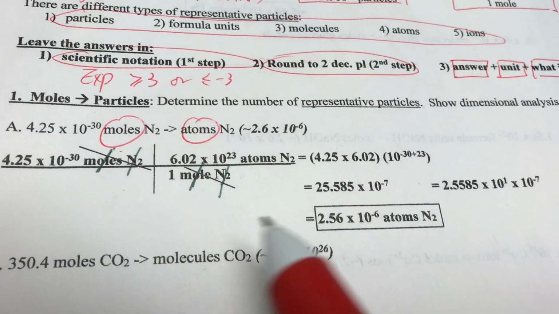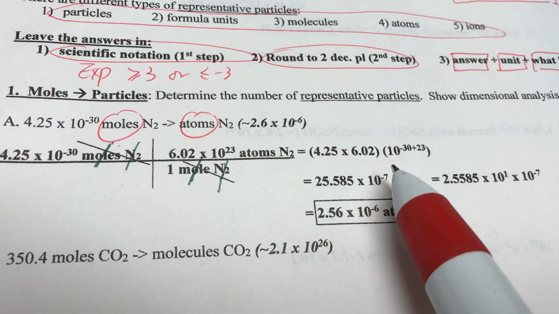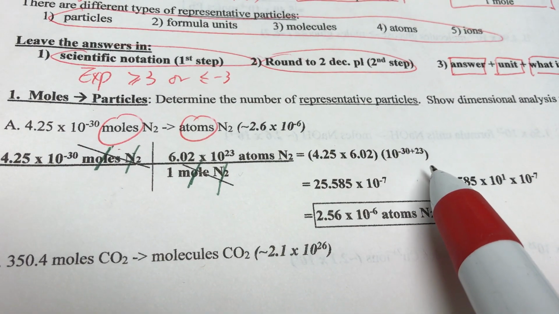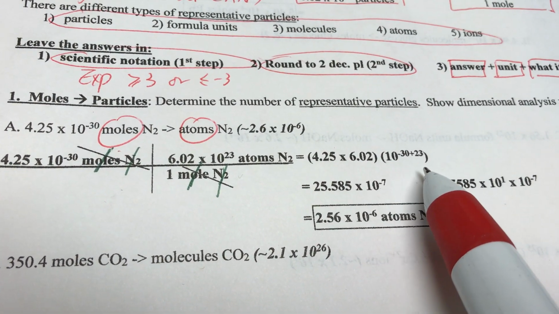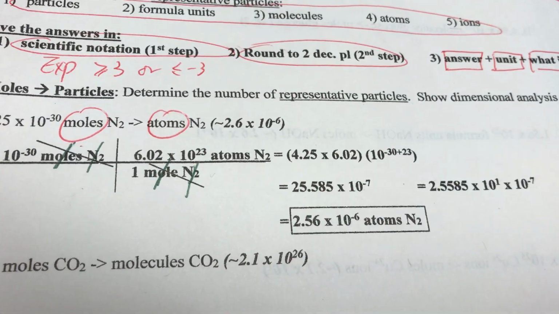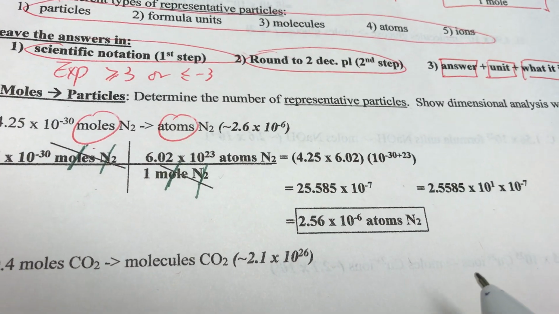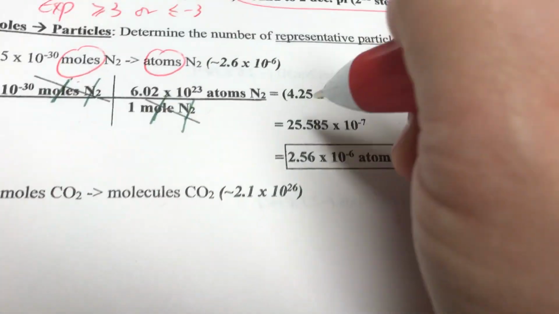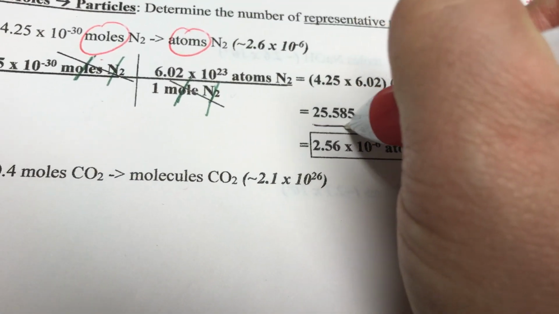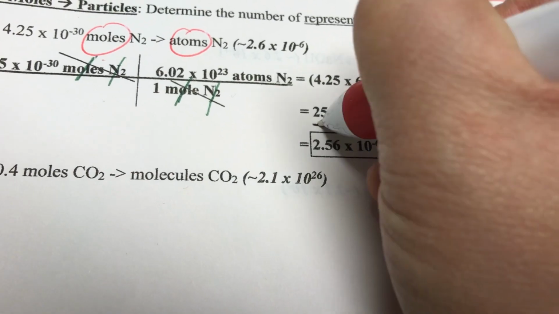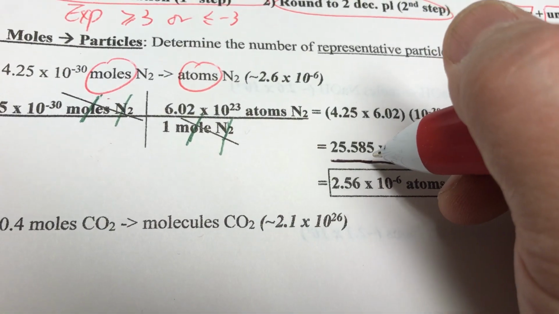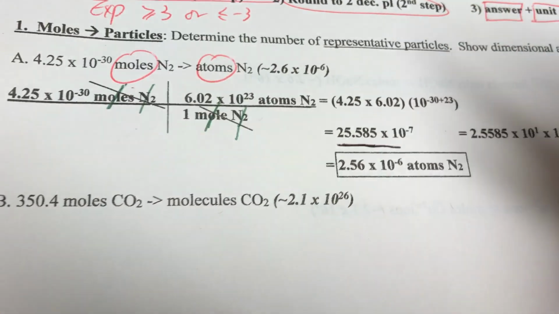Then you set up the equation: 4.25 times 6.02, the numbers multiply, and the exponents you add, -30 plus 23. And then you will get 25.585 times 10 to the power -7. But you are not happy with this number, because 25.585 is not between 1 and 9.999.